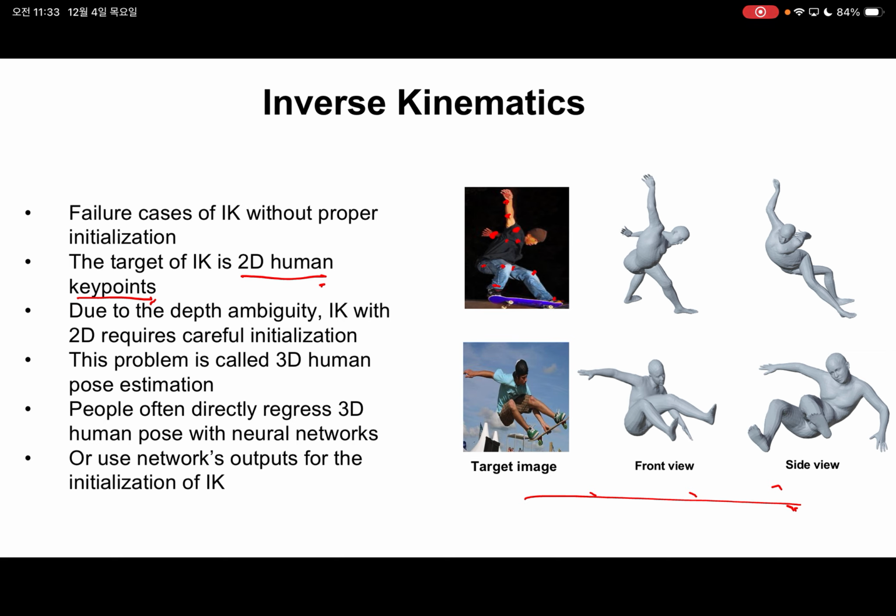As you can see, if you project this human, then the 2D key point distance might be very small. Especially this one is the left leg, right? Left knee and left ankle. You can see left knee, left ankle, and then here right knee, right ankle. In 2D space, they look good.